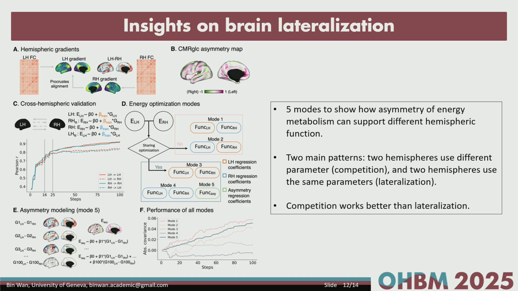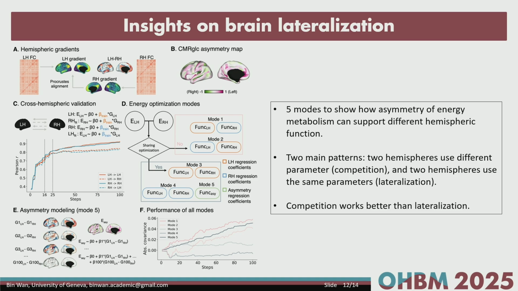And finally, we find model 1 is greater than model 5 and model 3, and model 1 and model 2 belong to the brain asymmetry competition theory. Just as I said, the two hemispheres use different energy-related regression coefficients to fit from function to energy.